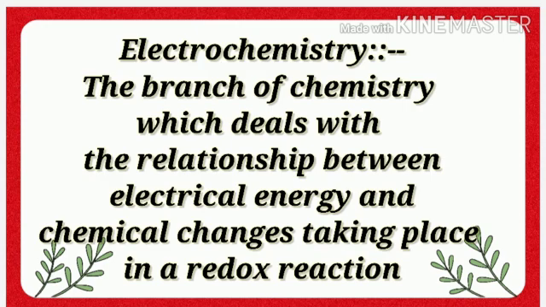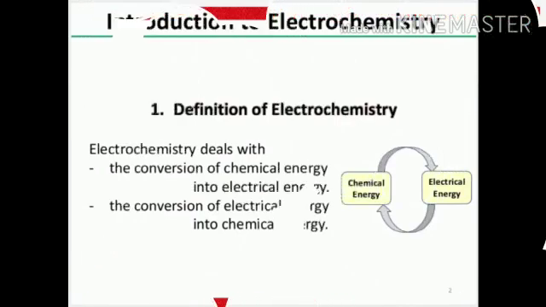Therefore, in electrochemistry, we study electrochemical changes, which are defined as chemical changes involving transport of electrons accompanied by the flow of electric current. Electrochemistry is broadly divided into two categories: production of chemical changes by electrical energy, a phenomenon called electrolysis, and conversion of chemical energy into electrical energy, that is production of electricity by spontaneous redox reactions.